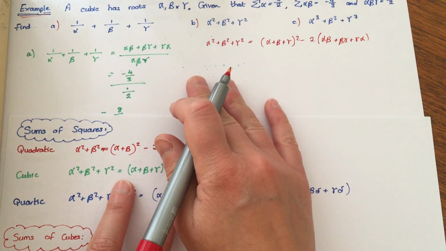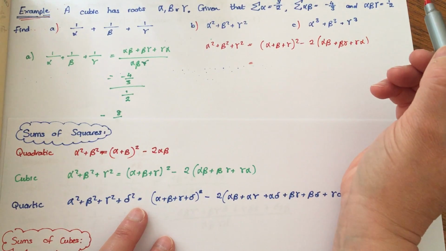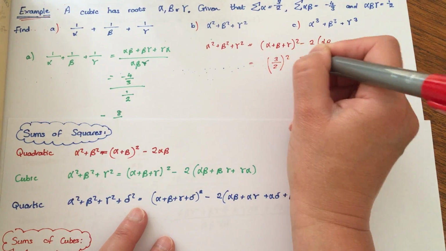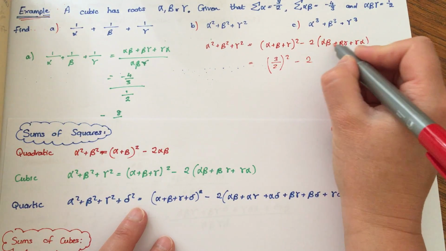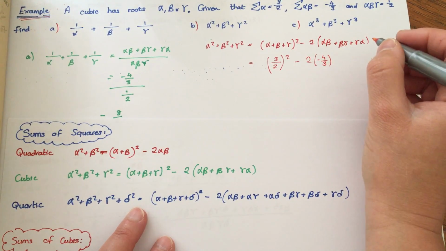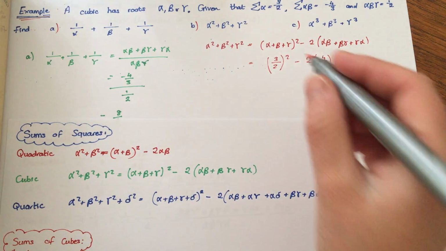Just check that's on the screen. So alpha plus beta plus gamma is this one here. So 3 over 2 squared minus 2 lots of the sum of the two products, which is minus 4/3. And if we do that, we get 59 over 12.